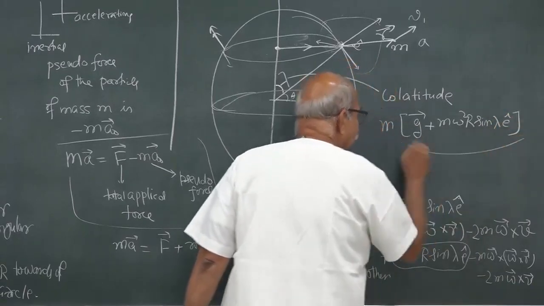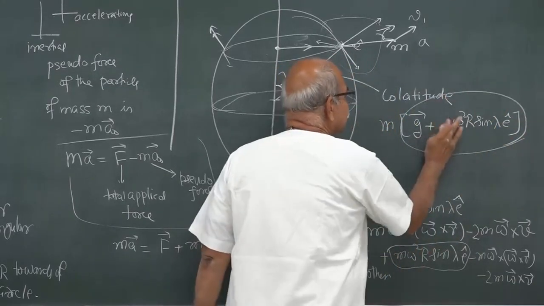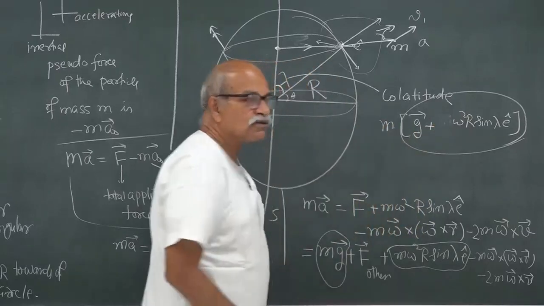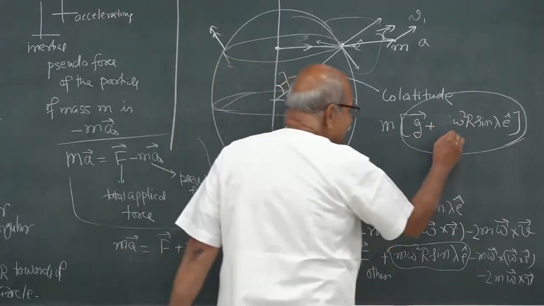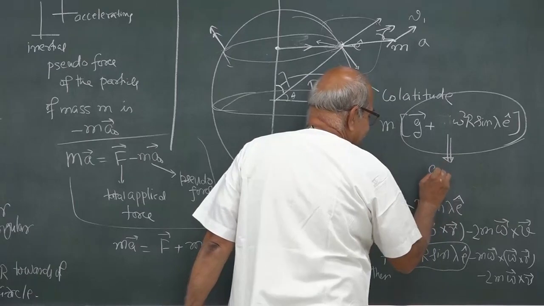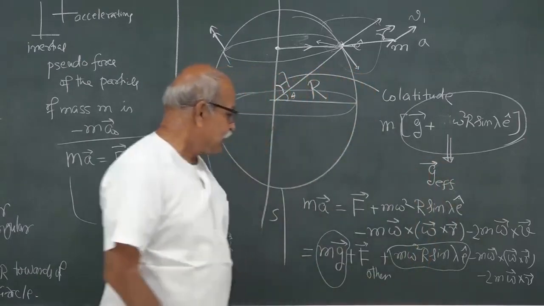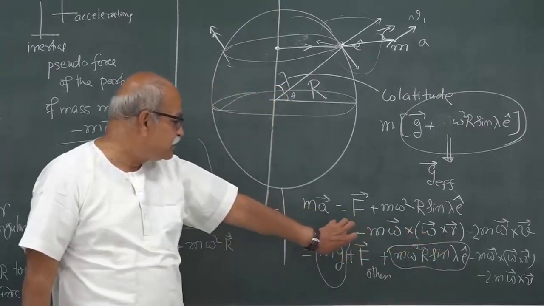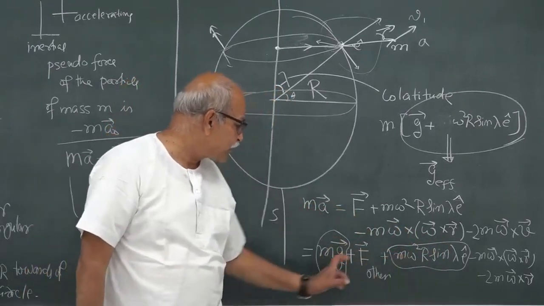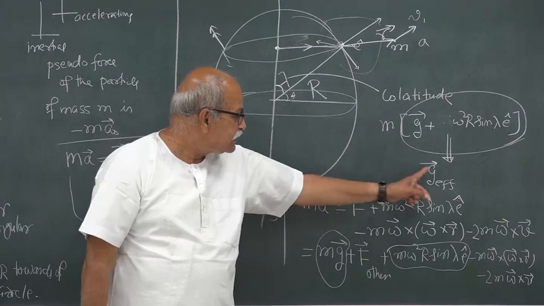And this is just a constant, does not depend on anything if m is taken out, and this we will call G effective. So, this will be absorbed in G, and these two terms taken together we will call G effective.